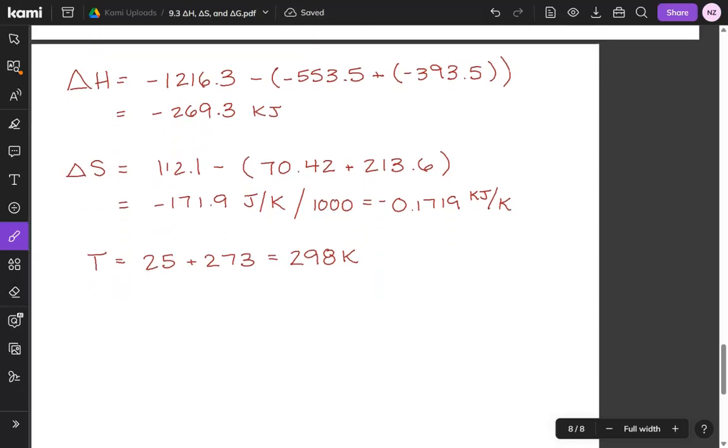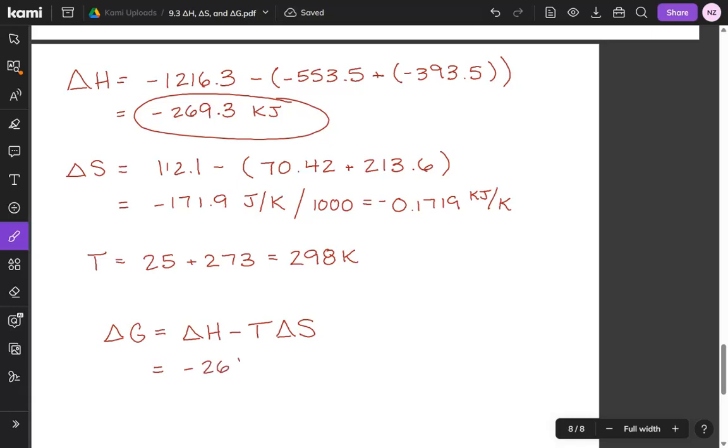Now it's just a matter of putting everything together. Our equation is delta G equals delta H minus our temperature times delta S. Our enthalpy, or our delta H, was negative 269.3 kilojoules.